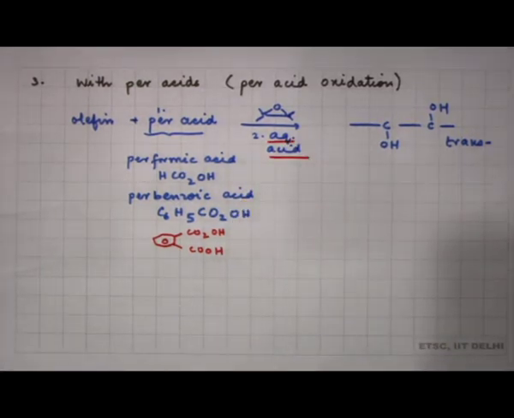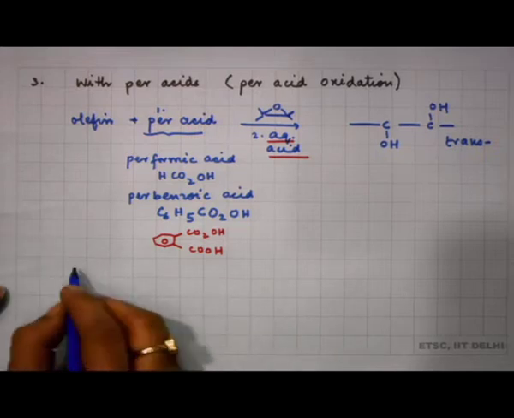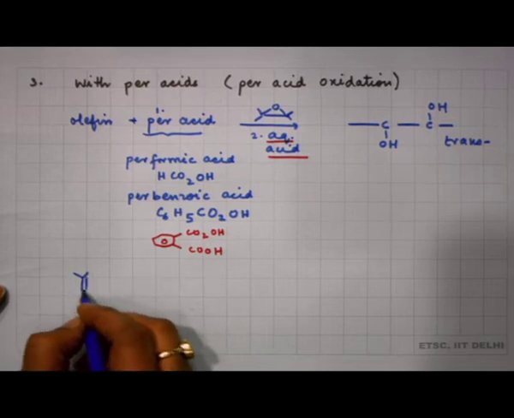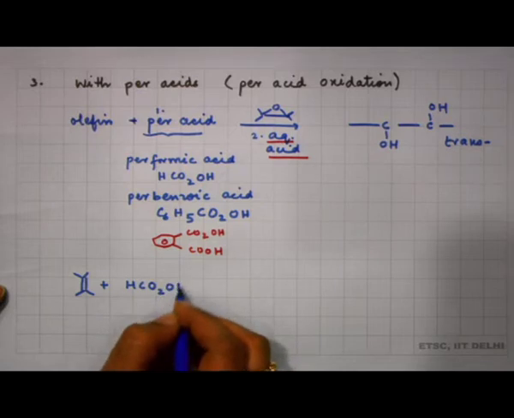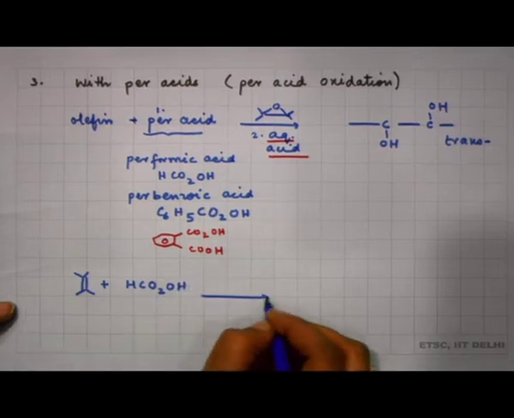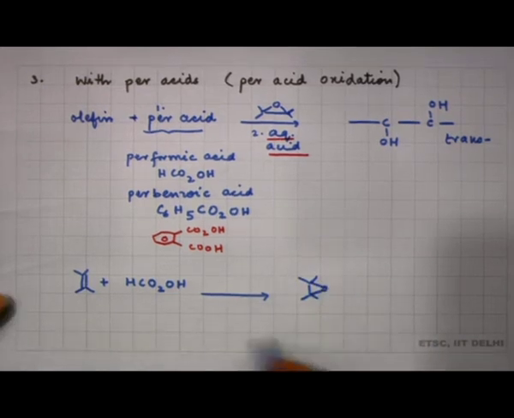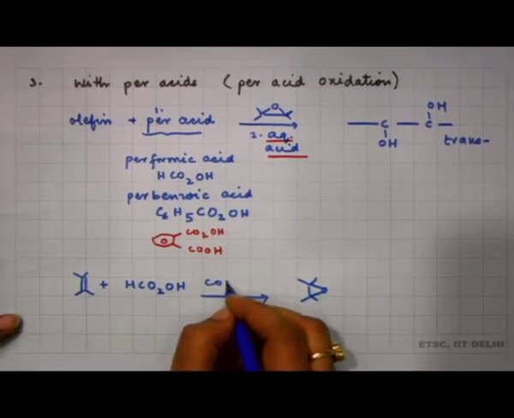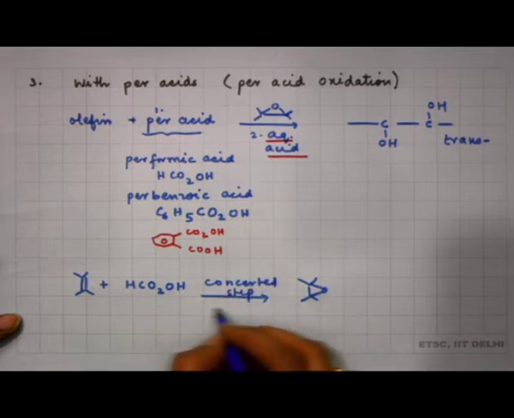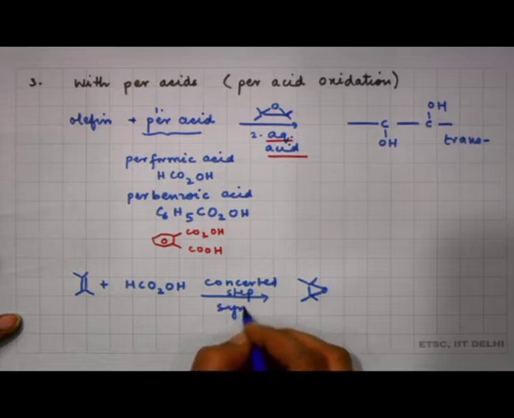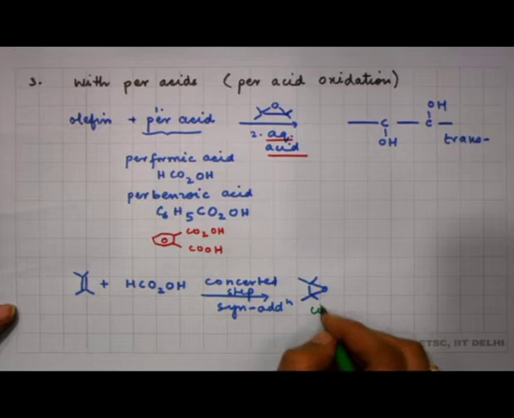So, let us see how the scheme looks for this reaction. You start with the olefin, treat it with the per acid, and you generate an epoxide. This first step is a concerted step, and the addition of the per acid follows a syn addition pathway, and you get what we call a cis epoxide.